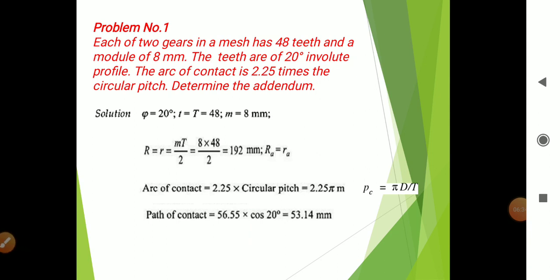So path of contact is equal to arc of contact into cos of phi, 56.55 into cos of 20. We know phi is 20 degrees and the arc of contact is 56.55, so the path of contact is equal to 53.14 mm.